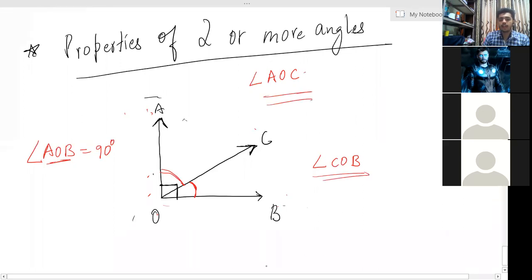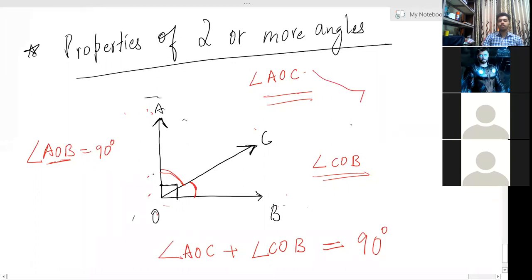Now, what is angle AOC plus angle COB? Angle AOB. That is how many degrees? 90 degrees. Yes. So angle AOC plus angle COB is equal to 90 degrees.